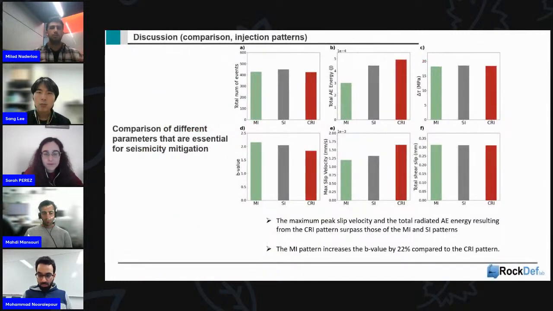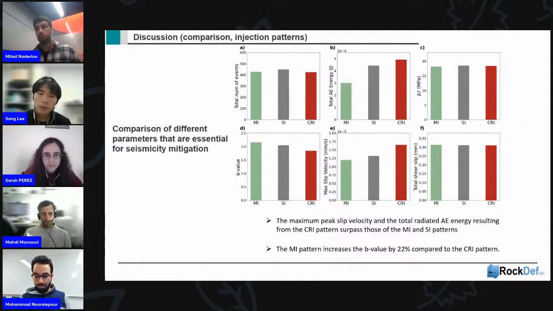So I captured all those important parameters, like the number of earthquakes you are producing, the energy of all those earthquakes, the maximum slip velocity, and the b-value that shows how many large earthquakes or small earthquakes you have.